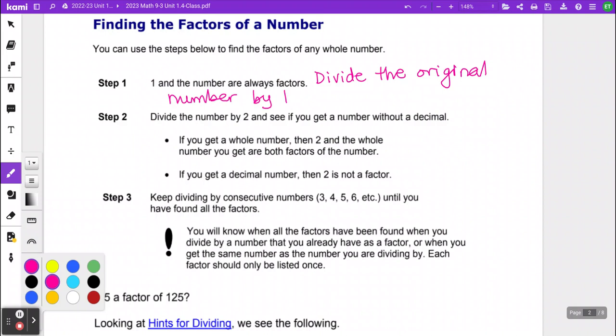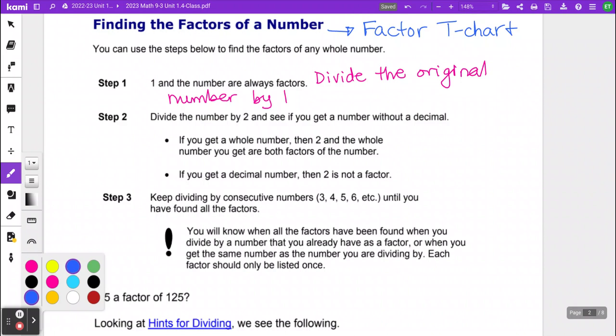Okay, we start by dividing by 1. And this is creating a factor T-chart. That's what we're creating. Small numbers on the left, big numbers on the right.